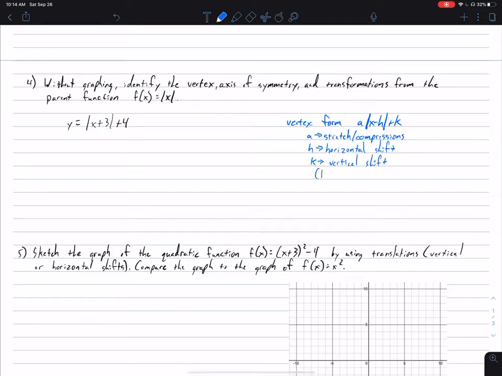We can use h, k to find our vertex. It's in that form, h, k. And then x equals h is our axis of symmetry.